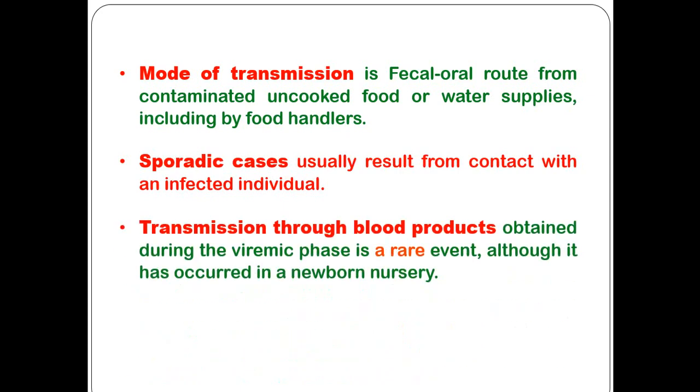Now the question is, can it be transmitted parenterally? Yes, it can be transmitted parenterally by blood products like clotting factors, and this can occur in a certain period of the disease called the viremic phase, where there is a lot of virus shedding and presence in the blood, but this is a rare event.